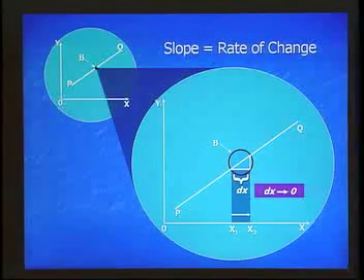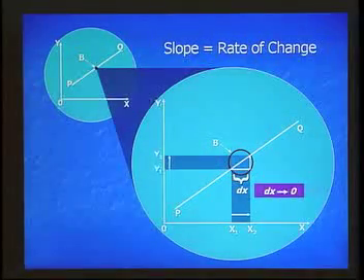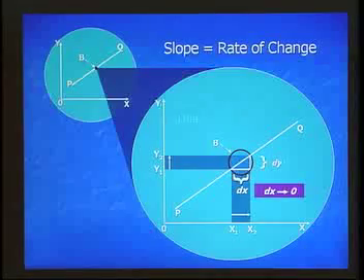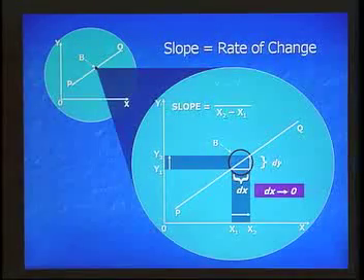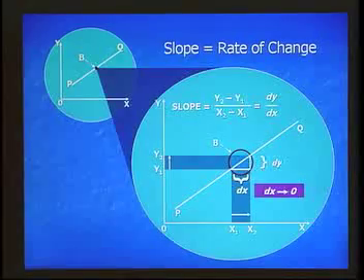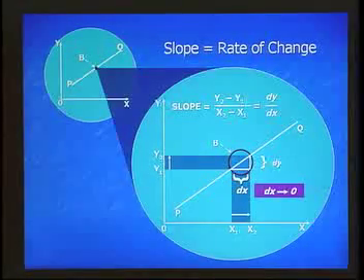For change in x, there is a change in y equal to y2 minus y1, which is dy. Slope is the rate of change in y for change in x and is equal to dy by dx.